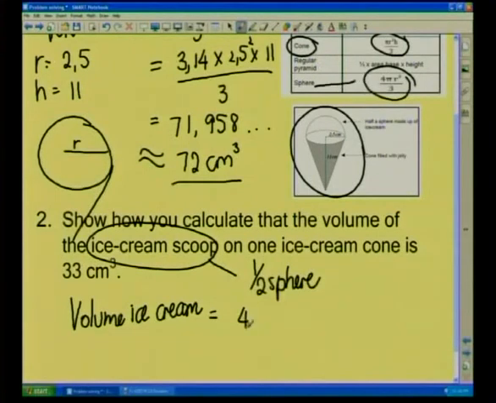So it's going to be 4 pi r cubed over 3, and I'm going to have to take that sphere formula and divide it by 2 to get half a sphere.